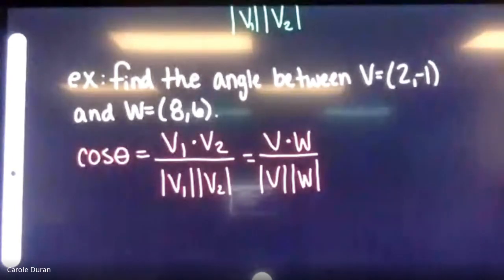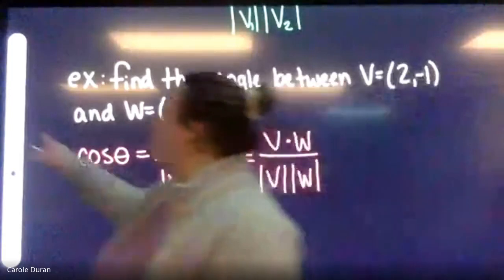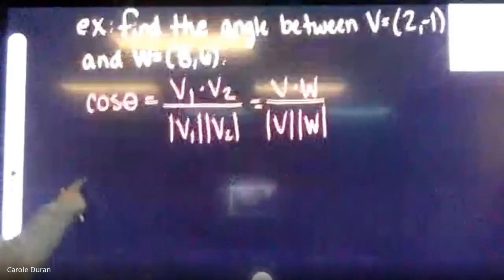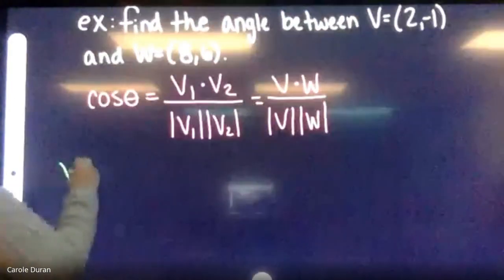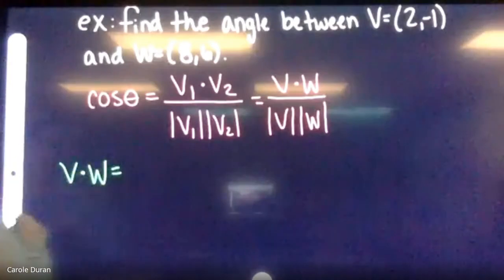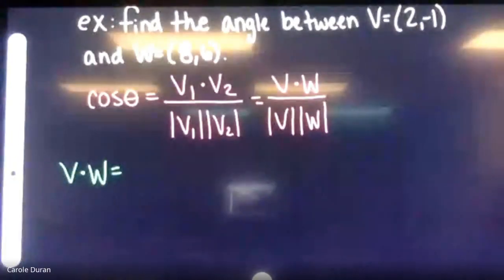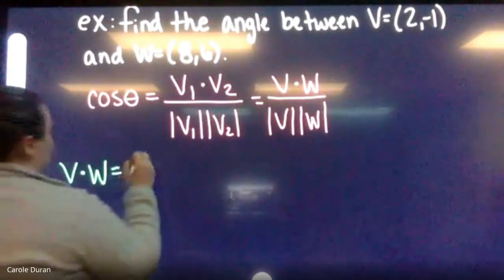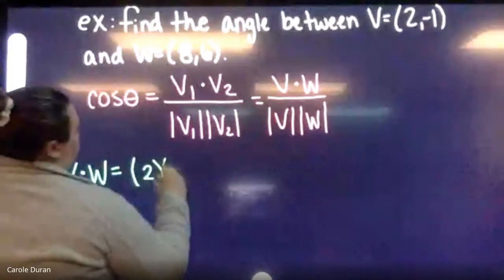Alright, let's start with the dot product v dot w. How do I find the dot product between two vectors?